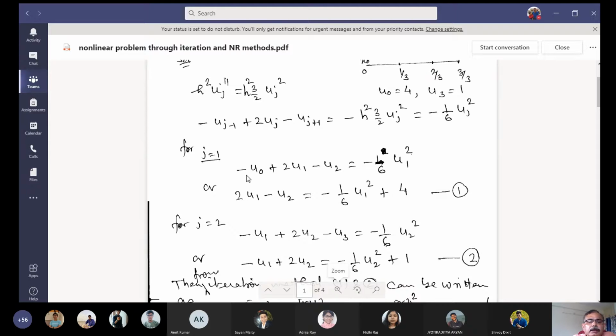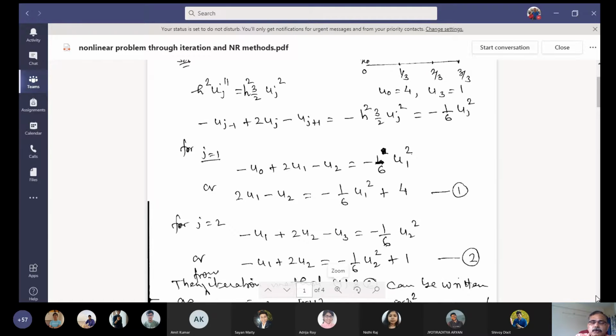For j equal to 1, we get minus u0 plus 2 u1 minus u2 equal to minus 1 by 6 u1 square. Rewrite it appropriately: u0 is known, given as 4, so this goes to the other side. So 2 u1 minus u2 equals minus 1 by 6 u1 square plus 4. This is the first equation.